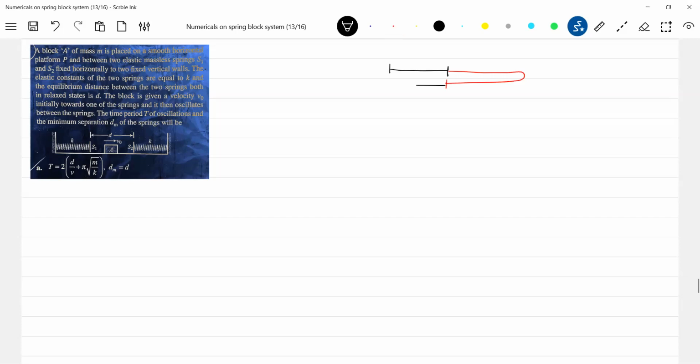Then again it will describe uniform velocity motion, this distance d by 2. Then it will compress the other spring, then return back. Then it will come back to the initial position.